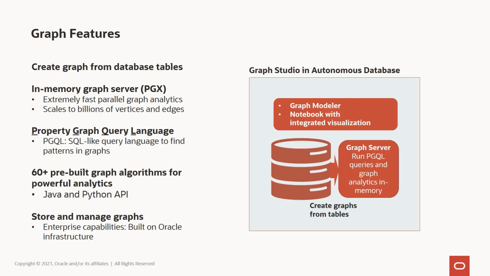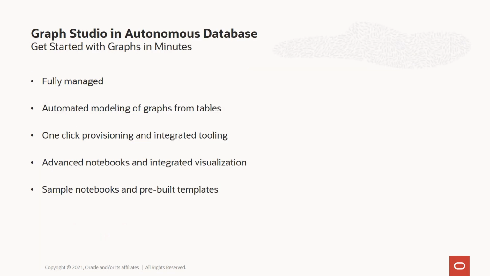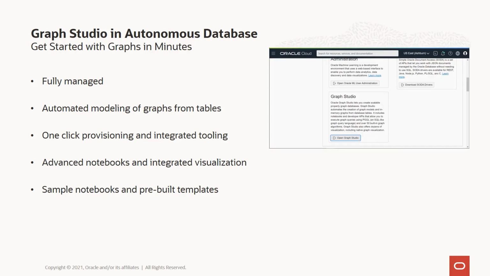And all of this is built on Oracle infrastructure. And when you're using Autonomous Database, you can use the Graph Studio feature to get a fully managed service that includes all of these features. And the Graph Studio feature of Autonomous Database is fully managed and it automates many of the graph creation processes. For example, you can say that these are the tables I want to use in a graph, and then it'll create the graph for you, and you'll see an example of that in the lab.